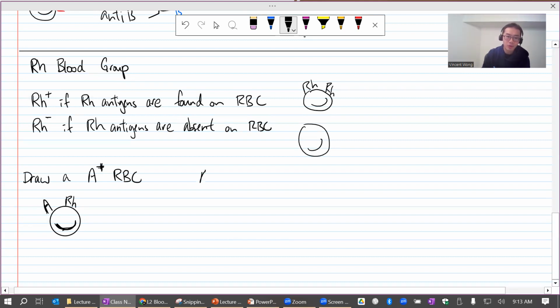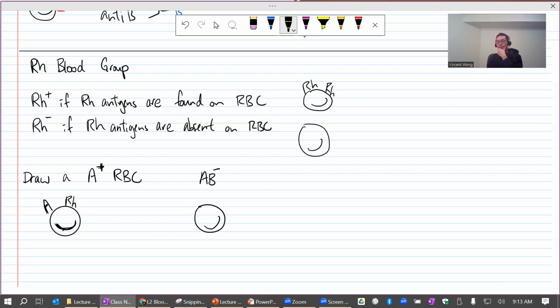Okay, let's try another one. Can you draw AB negative, please? I'll give you a moment. It will be only AB on it. Only AB, yeah, that's good. So AB negative. A means there's A, B means there's B. Negative means no RH.